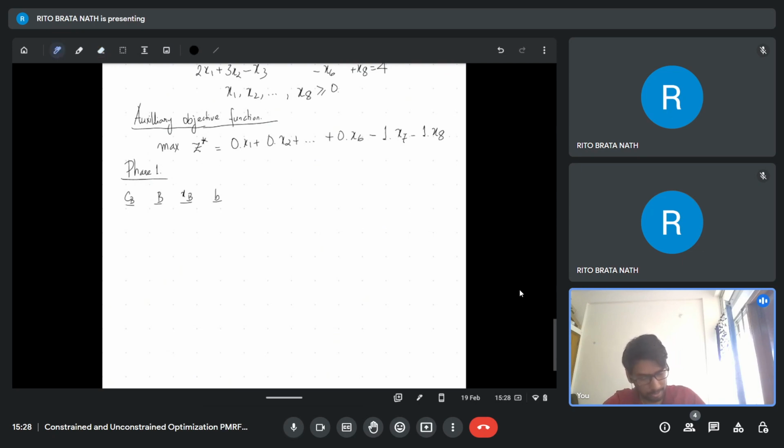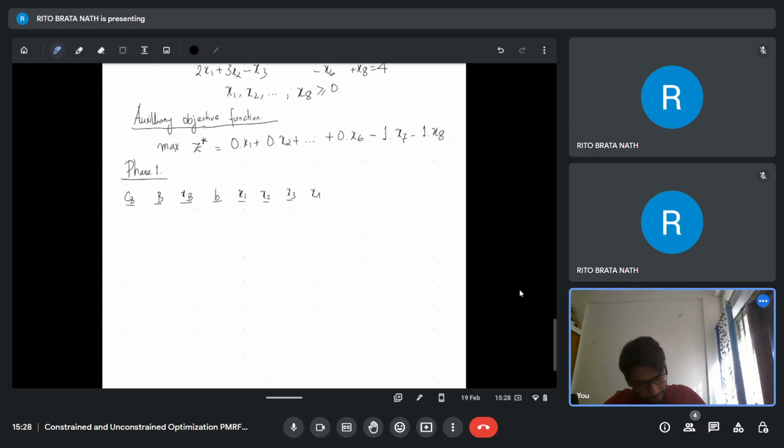So let's write down more compactly x1, x2, x3, x4, x5, x6, x7, x8. So there's a lot of computation to be done here in the ratio column. And these are your Cj. So this is 0, 0, 0, 0, 0, 0, minus 1, minus 1.